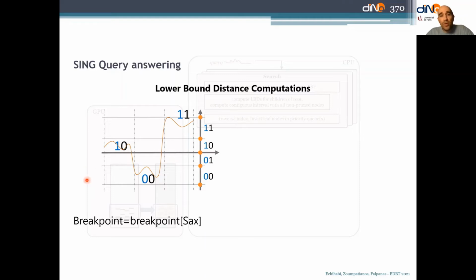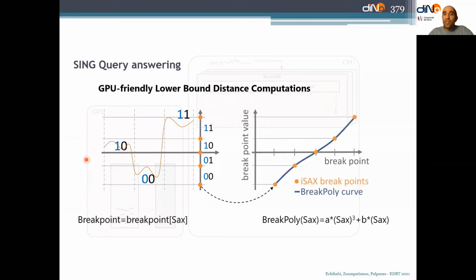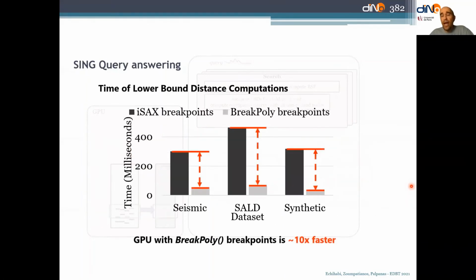The reason for doing this is because traditionally for these lower bounds, we need to store a table with the iSAX breakpoints, and handling this table in the GPU is not easy. So instead, we approximate these breakpoints with a function, and then the GPU uses this function to compute the breakpoints. This makes this operation about 10 times faster than using the traditional breakpoint table in the GPU.